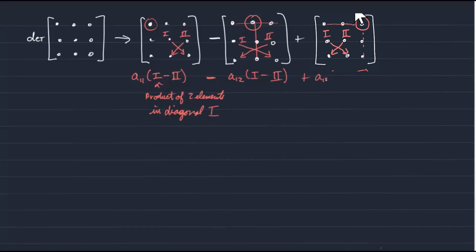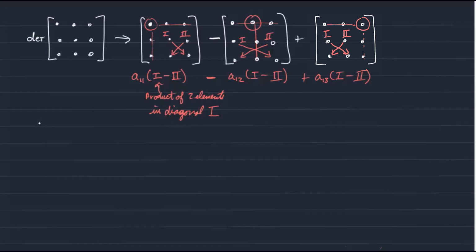So that's A13, I minus II there. Oh, and I forgot to mention for the first case, we struck out the elements in the first row and first column associated with A11. So this is one way of geometrically illustrating how I remember how to do a 3 by 3 matrix. And this might be useful for you as well.